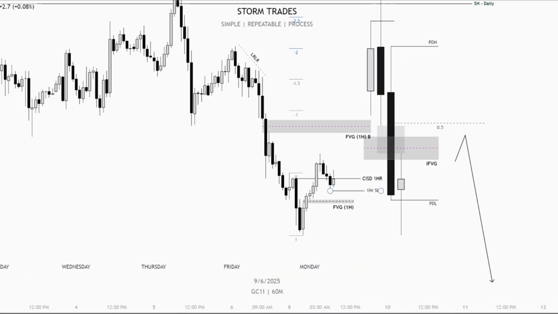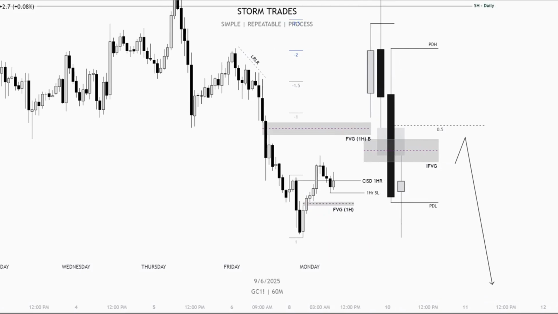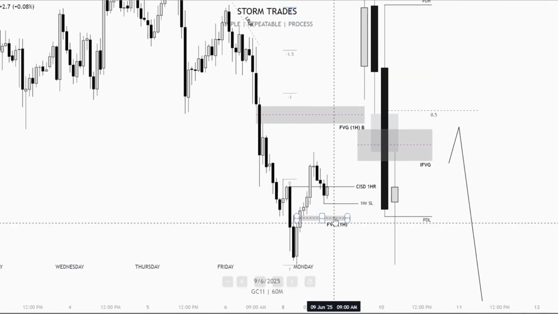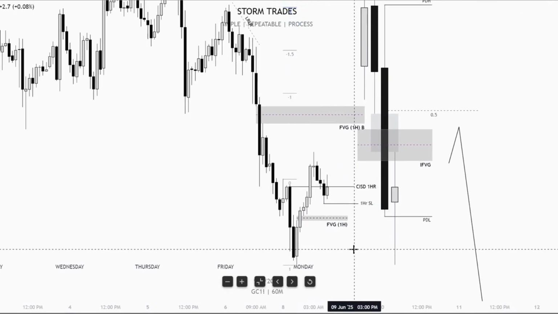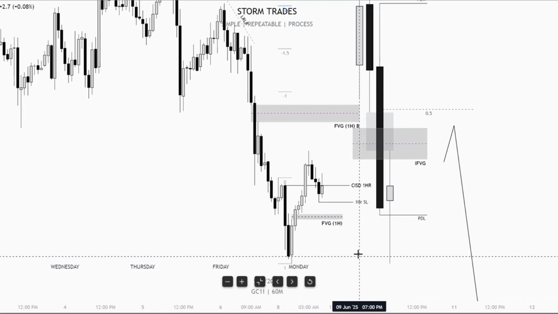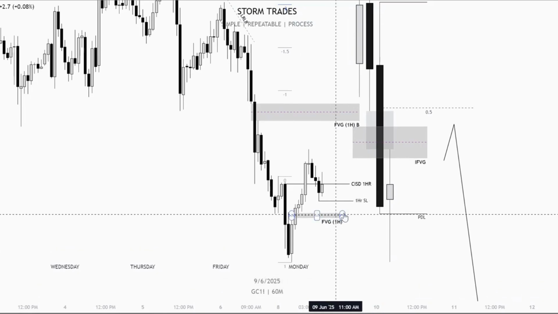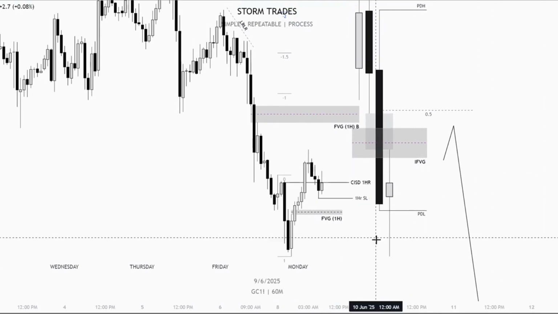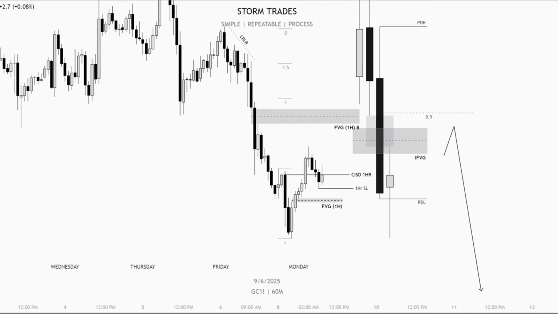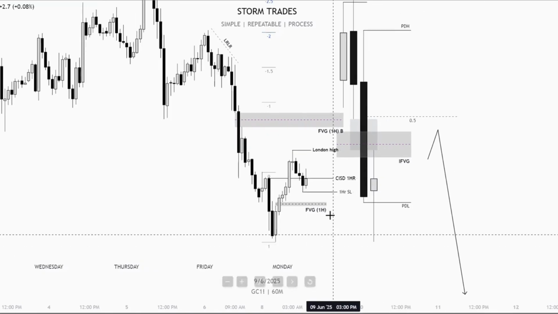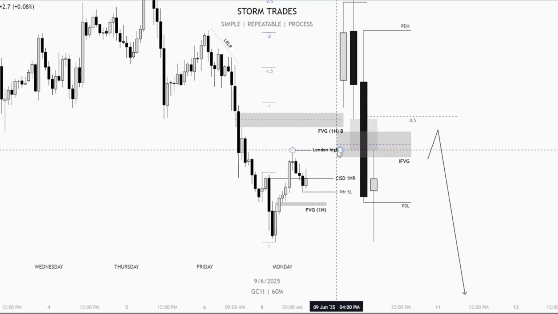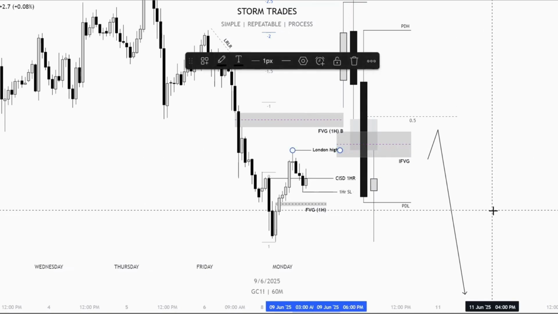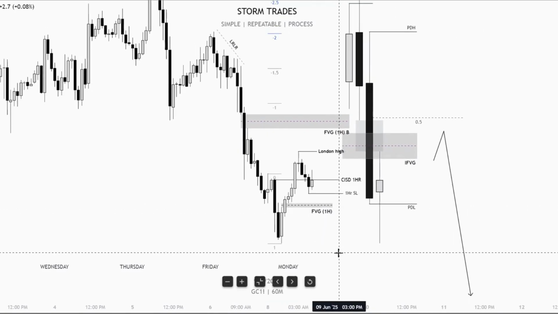Now I'm going to mark out this as an hourly swing low, and I'm going to be waiting for price to sweep that or come down into the hourly fair value gap right here in order to engage my model, which would be on the M5. I also want to mark out here we have a nice swing high that happens to be the London high, which is a significant key level.